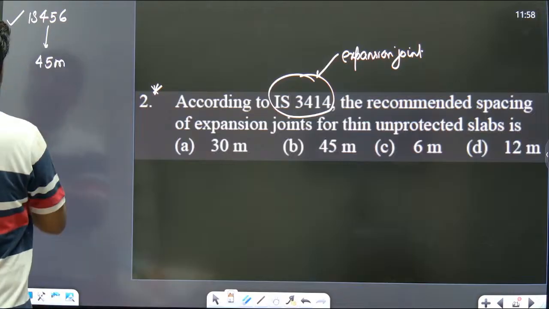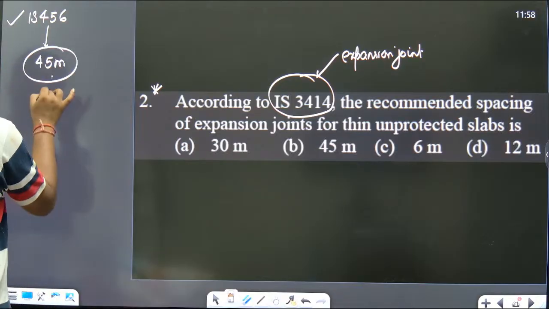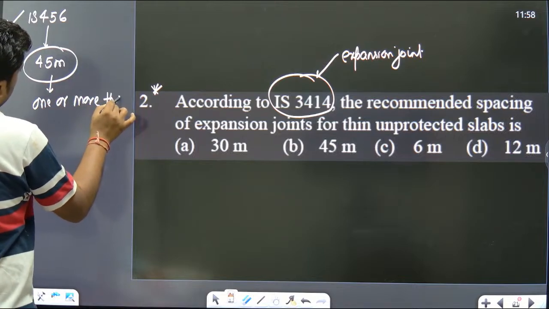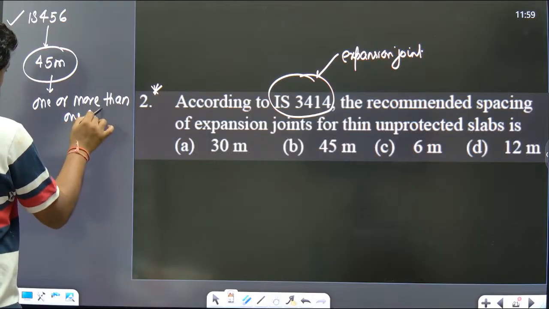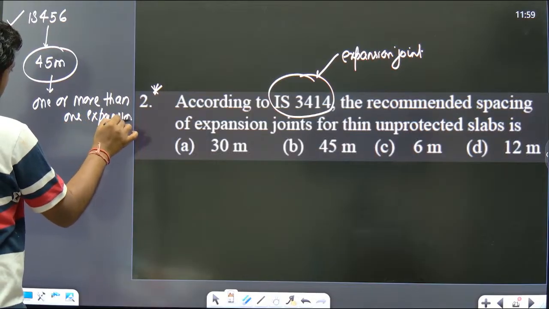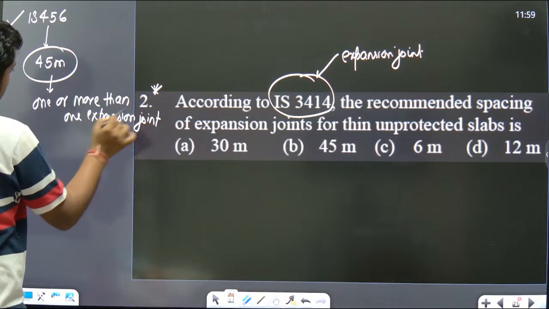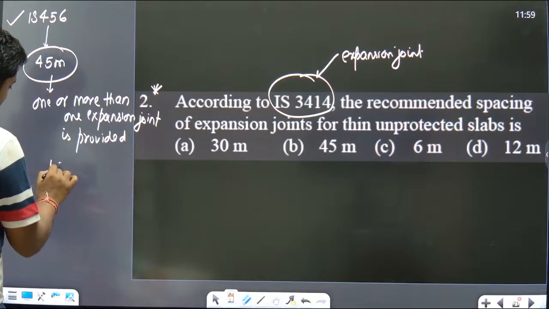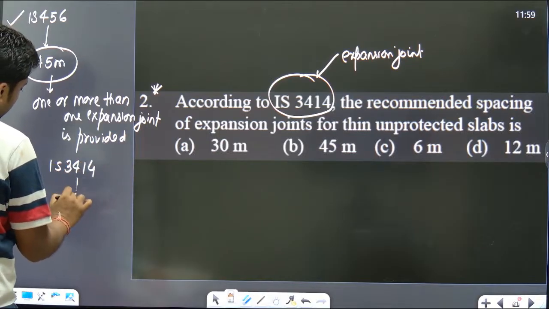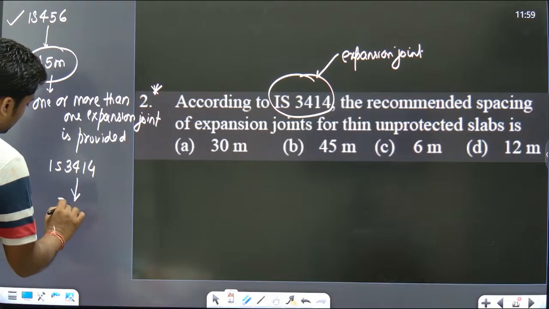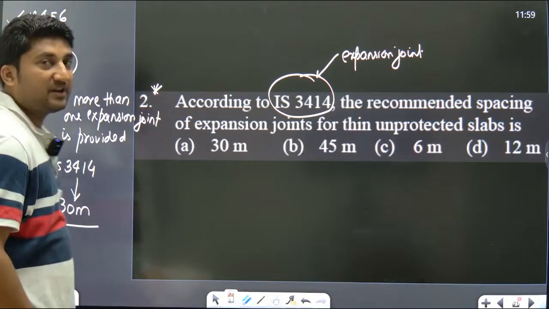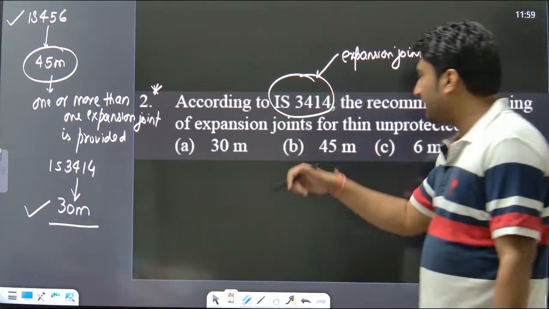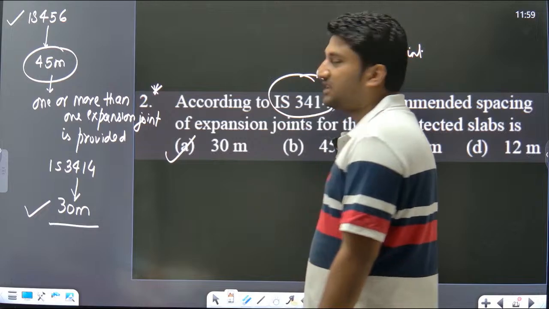In IS 456, it is given that if the length of the member is more than 45 meter, one or more than one expansion joint is provided. But in IS 3414, this value is reduced to 30 meters. So this code suggests that if the length of the member is more than 30 meter, provide one or more than one expansion joint. So this 45 meter is reduced to 30 meter if the code is IS 3414.